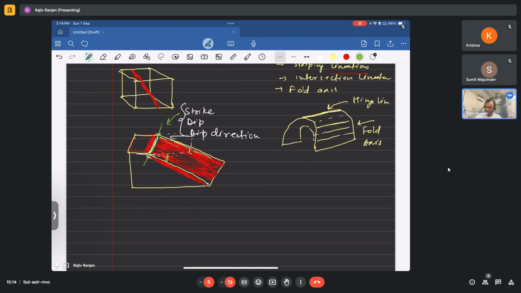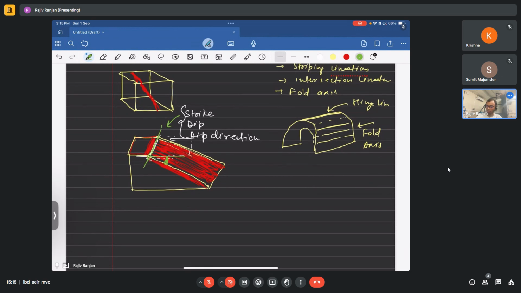The angle which the bed makes with this horizontal is known as dip amount. What is the dip direction? It is the direction in which the bed is dipping.